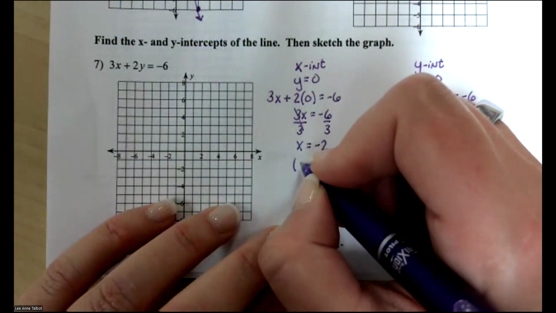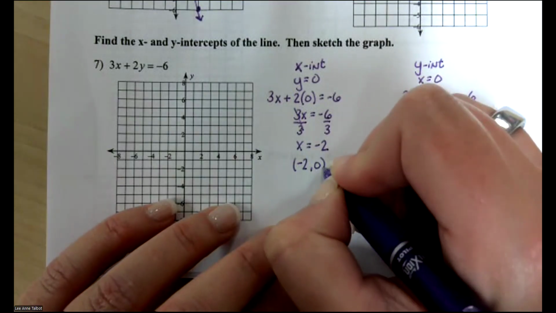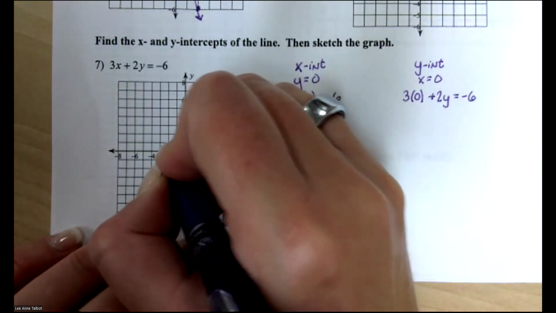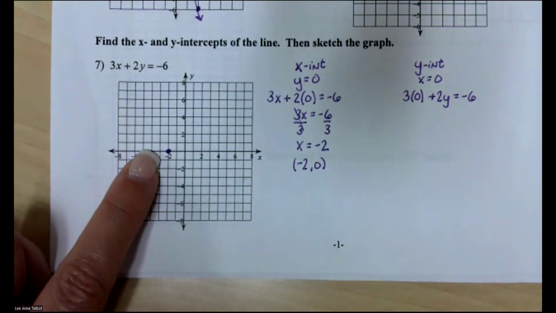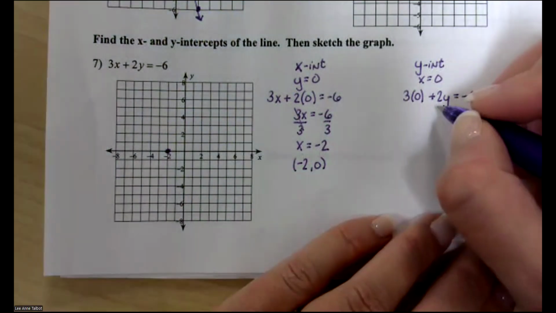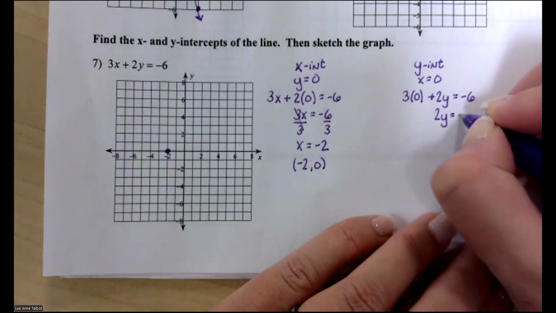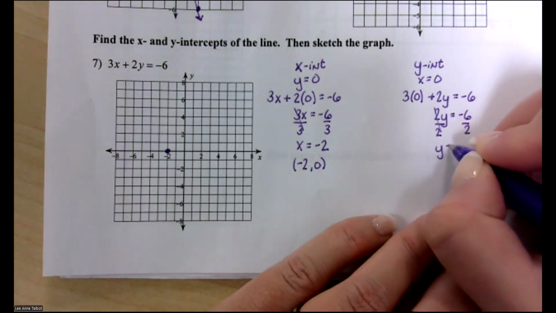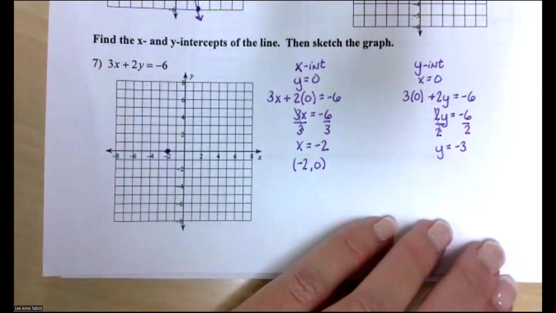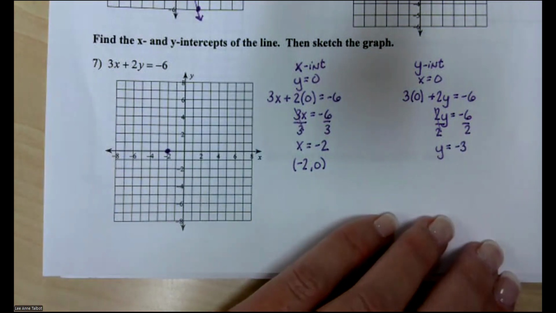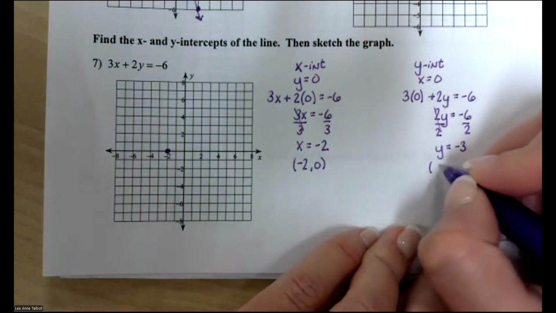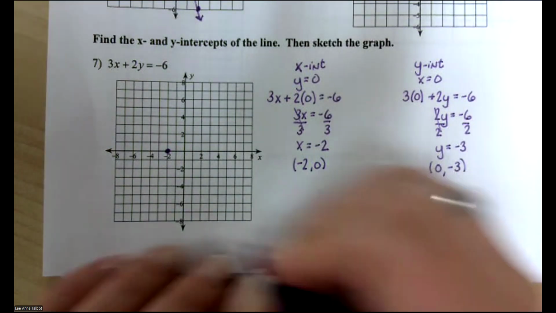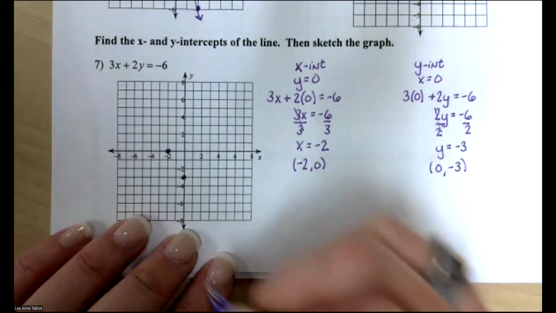So this is the point -2, 0, which is right here. This is the point 0, -3, which is right here.